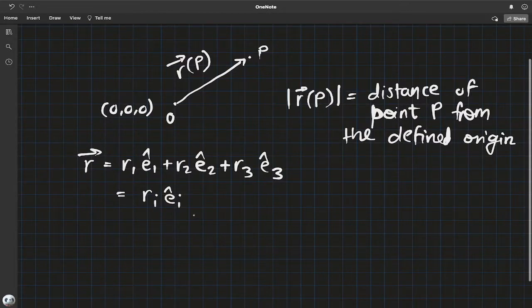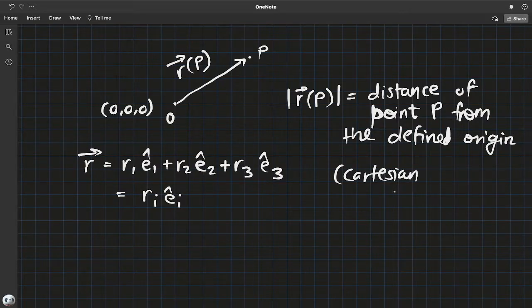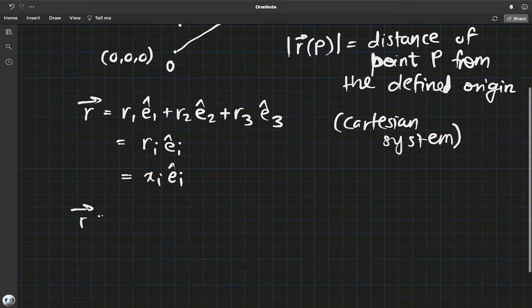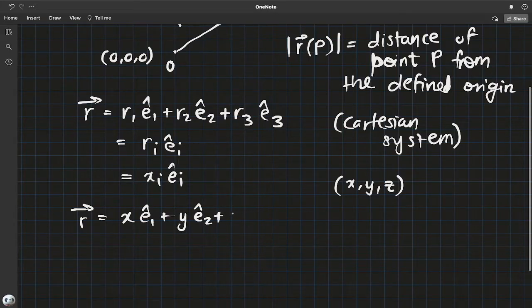And only in the regular Cartesian coordinate system are the R_i's equal to the X_i's. So this is just X_i E sub i hat, which makes the R vector, the position vector at some point, say X, Y, Z from the origin, X E1 hat plus Y E2 hat plus Z E3 hat.